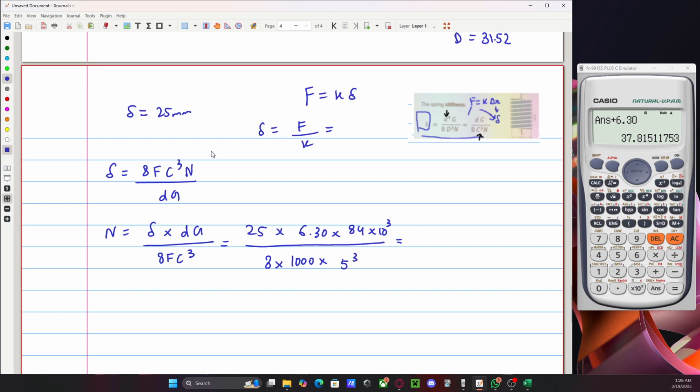Let's look at the active number of turns. I try to use exact values, it helps in the calculations.